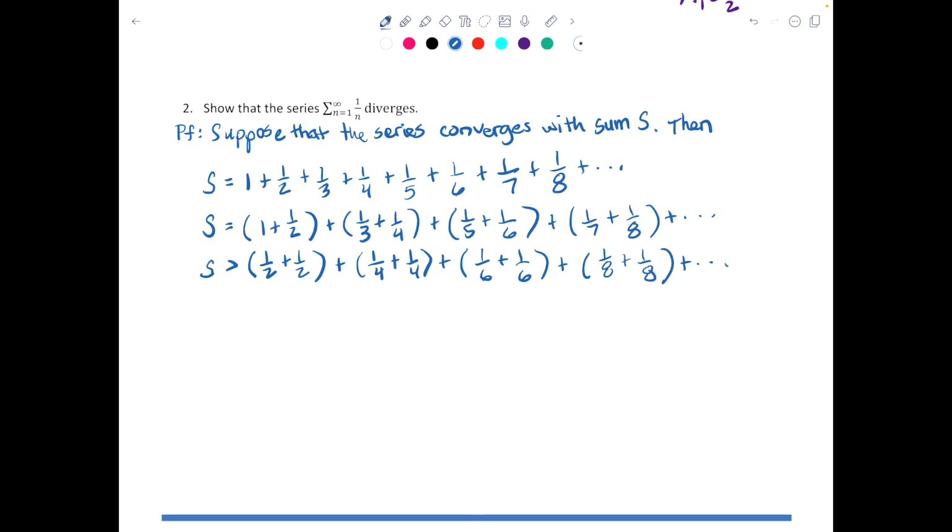So then, what is this equal to? So this inequality happens to be equal to. So the first grouping is 1 plus a quarter plus a quarter is a half. A sixth plus a sixth is a third. An eighth plus an eighth is a quarter.